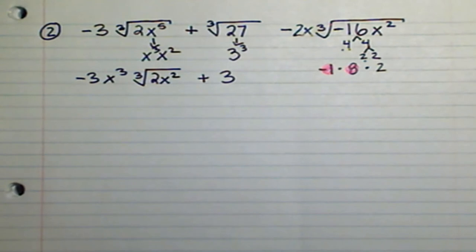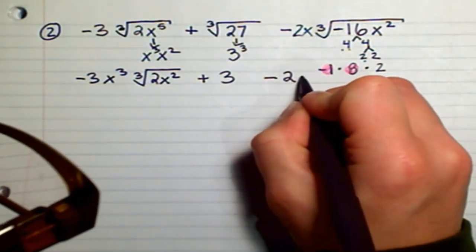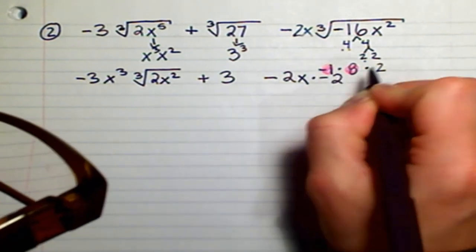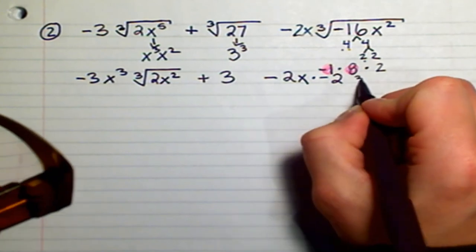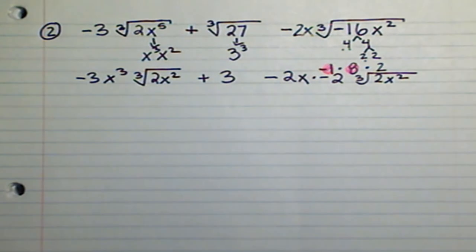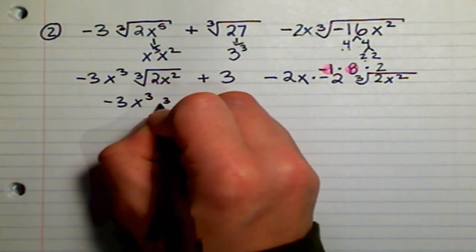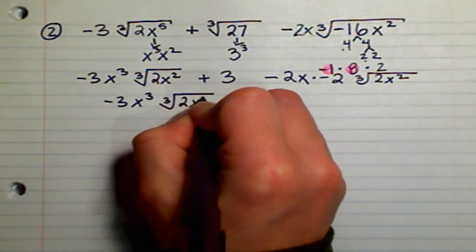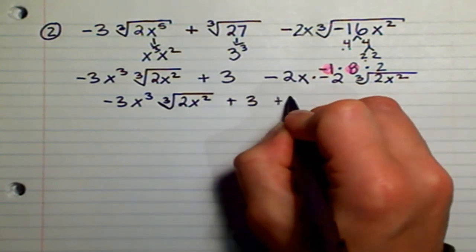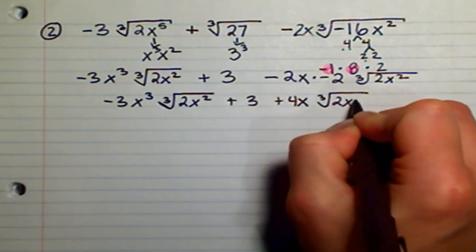All right, and let's see. So we have minus 2x, and then a negative 2 comes out, and we're left with 2x squared. Aha. Be careful with the exponents and the roots. I like to tuck my root inside. Positive 4x cube root 2x squared.